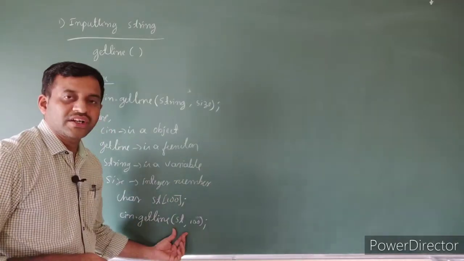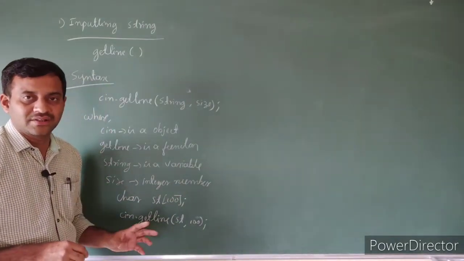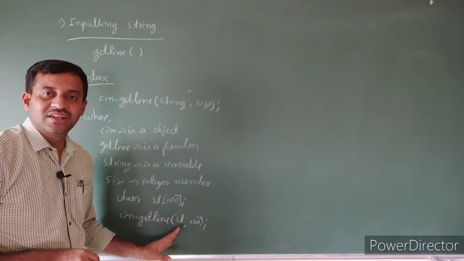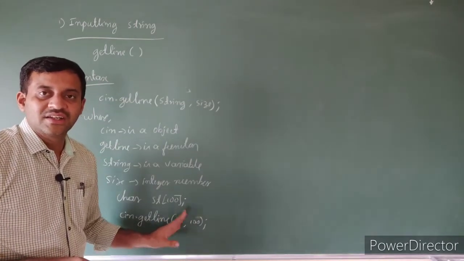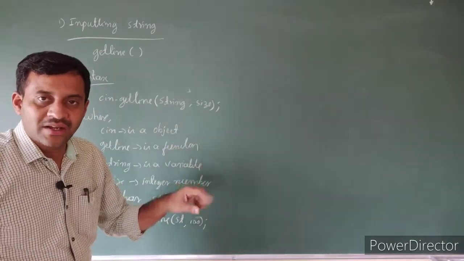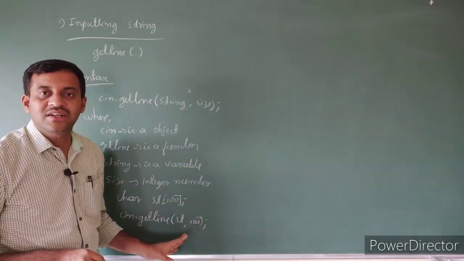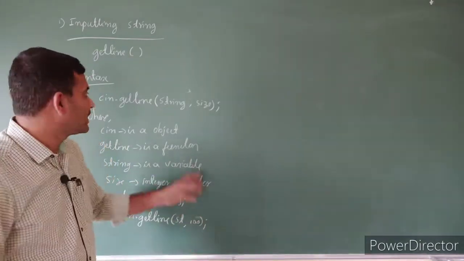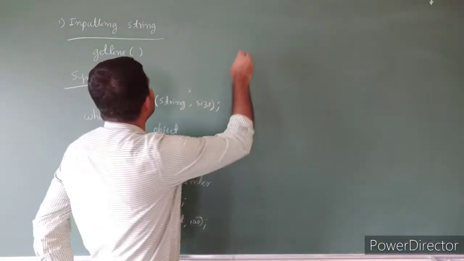These are the two conditions to terminate getline. The first is that the number of characters reaches the size. The second is that if you press the enter key, it stops reading the characters. Similarly, next one is outputting a string.